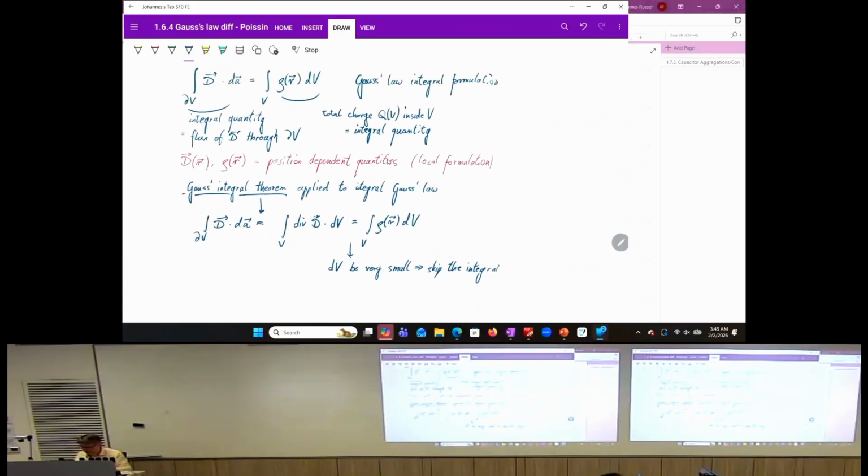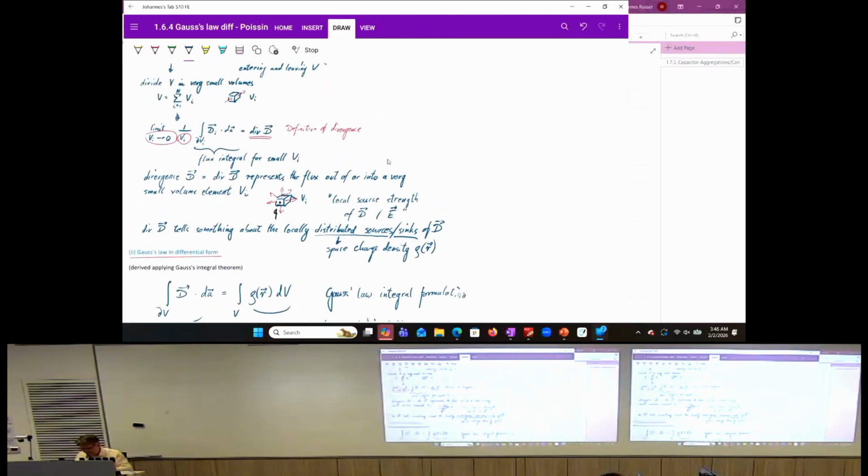If you look at the definition of the divergence, we obtained it by letting this infinitesimal volume V shrink further and further when we take the flux integral and divide it by this volume element.